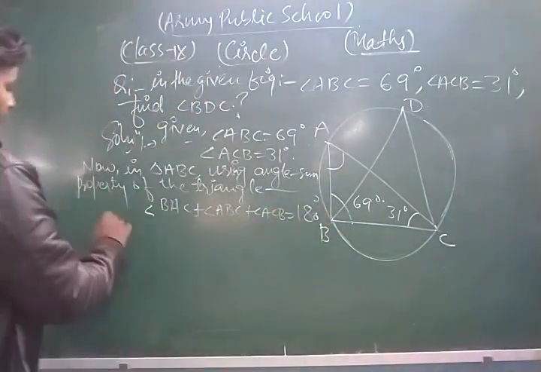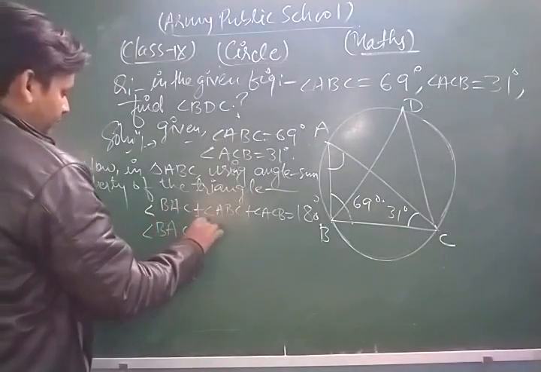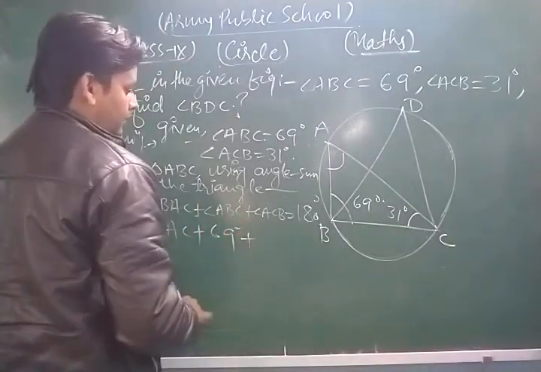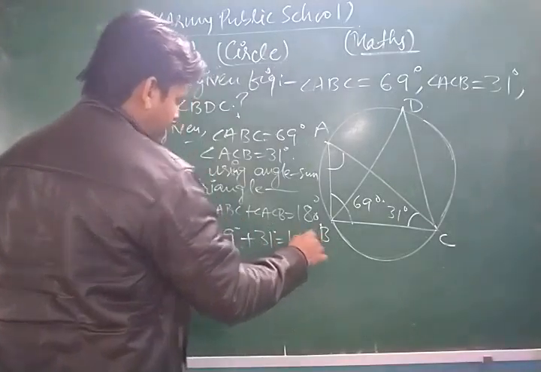Now we find angle BAC plus angle ABC, which is 69, plus angle ACB, which is 31, equals 180 degrees.